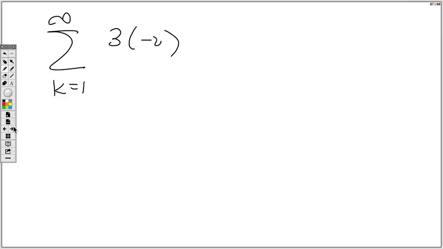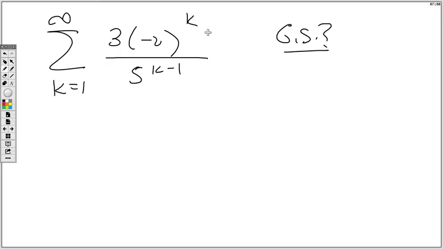Three times negative 2 to the K power over 5 to the K minus 1. So we suspect it's a geometric series because the K's are in the exponents. To actually prove it's geometric, we have to show that the ratio of adjacent terms is always the same number.